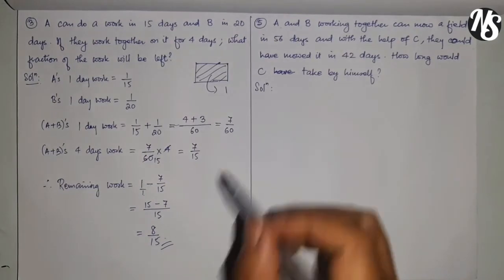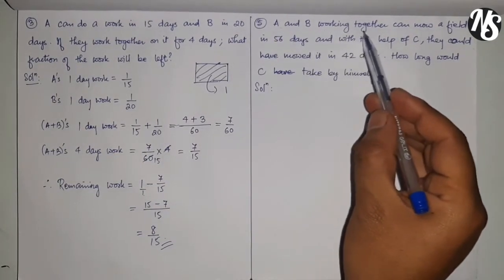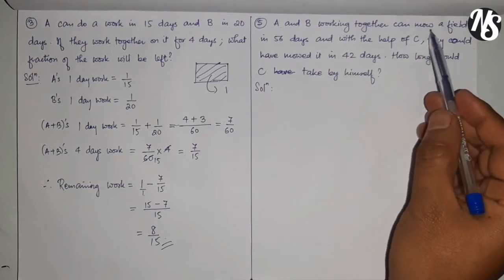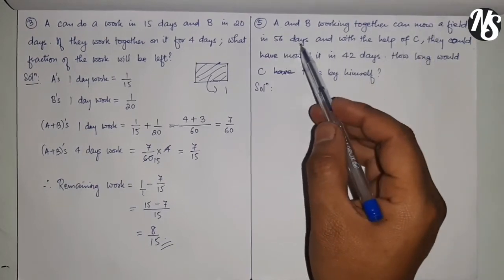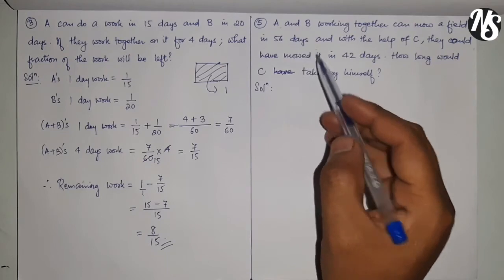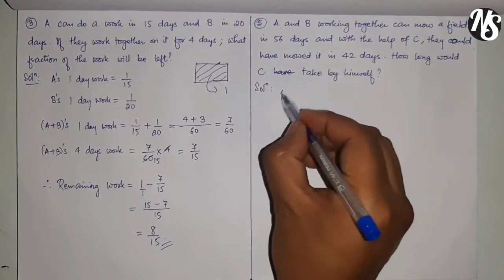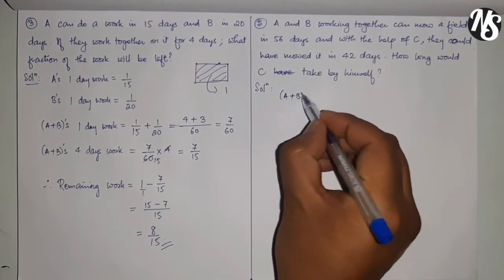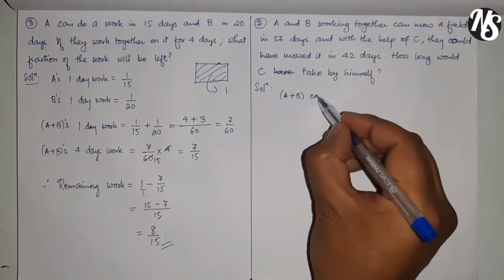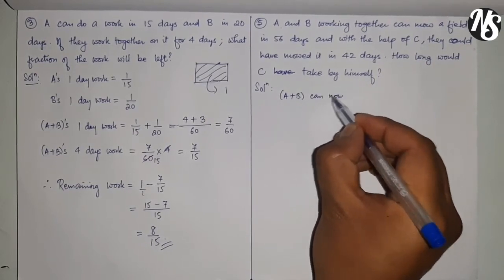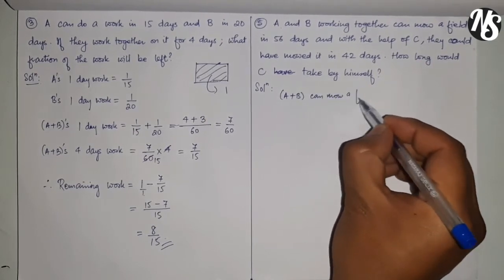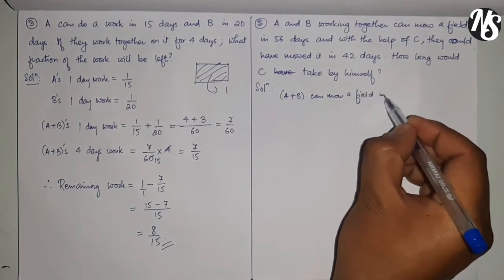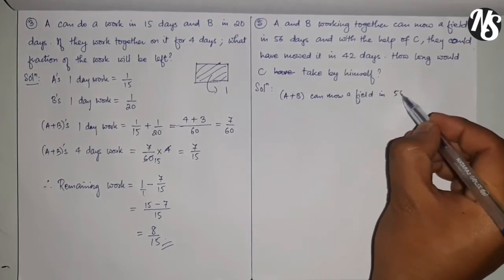So the question says A and B working together can mow a field in 56 days. So it is given that A and B, meaning A plus B, can mow a field in 56 days.